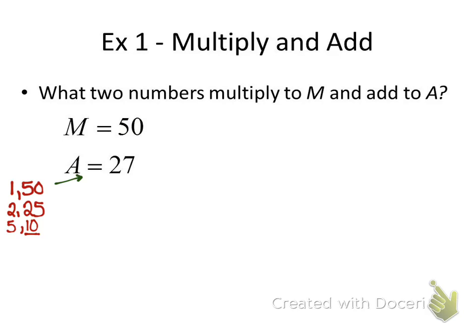So 1 plus 50, does that equal 27? What does it equal? 51. But if I take 2 plus 25, does that equal 27? Yep. That's my answer. So I would write my answer like this, 2, 25, box it. That is going to be the MA for 50 and 27.